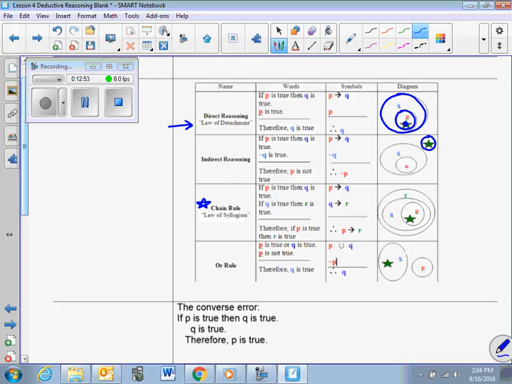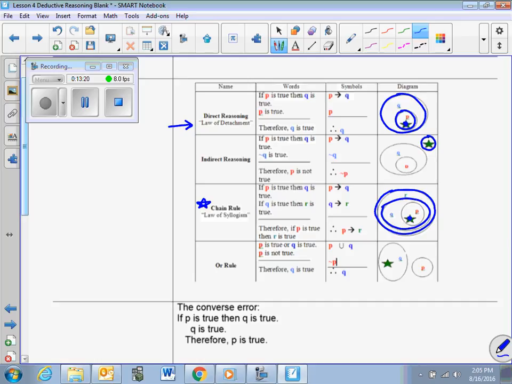I'll always call it the law of syllogism. Here it is. If P is true, then R is true. So of course you're going to have P, the hypothesis, inside of Q because that's the way it always works. And then R is our overall conclusion, so both P and Q would be inside of R. All right, and then U would be inside here of P.